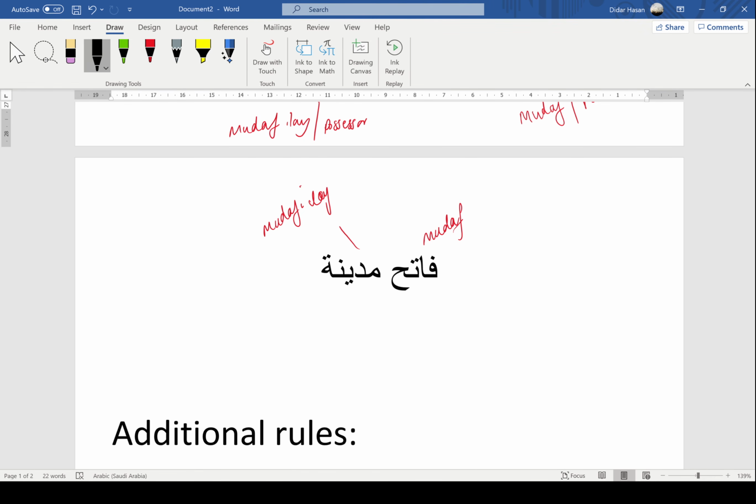So I'm going to write Fatih over here. Fatihun, and then the city, isn't it? The conqueror of the city. So I'm just going to write alif lam from the beginning. Al madinatu.